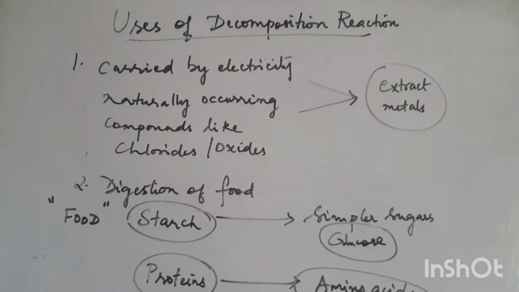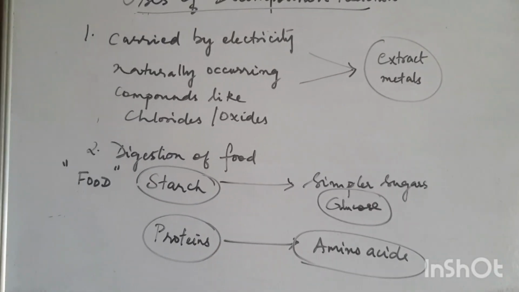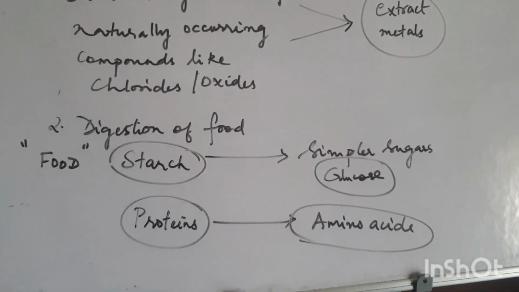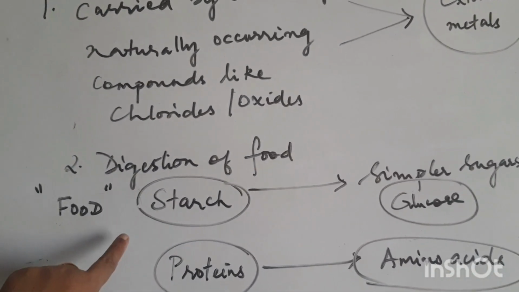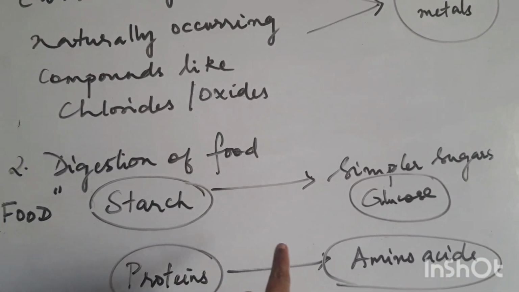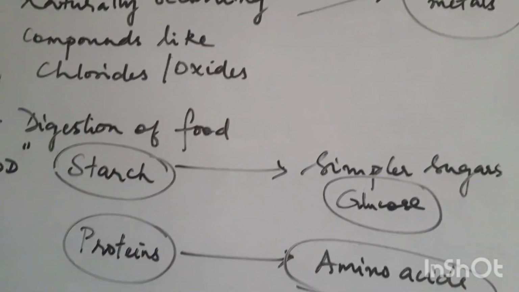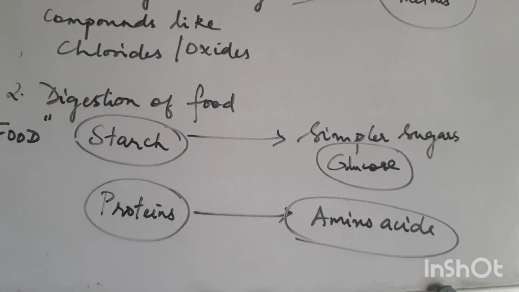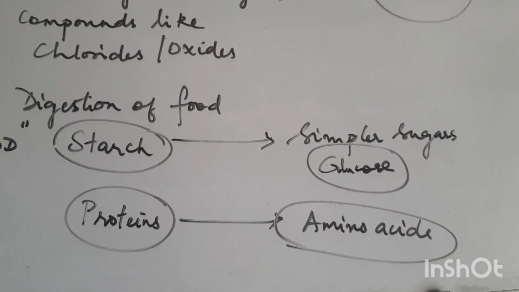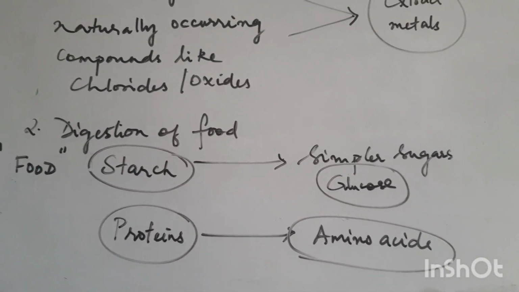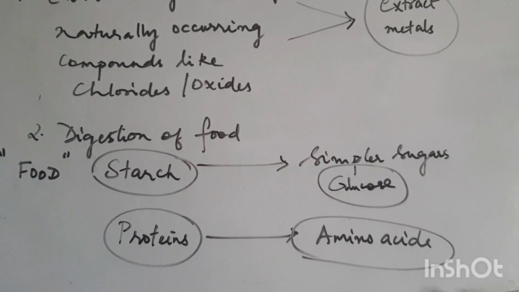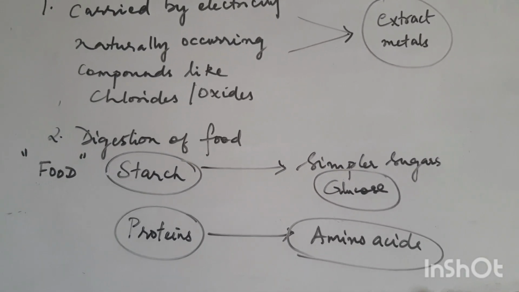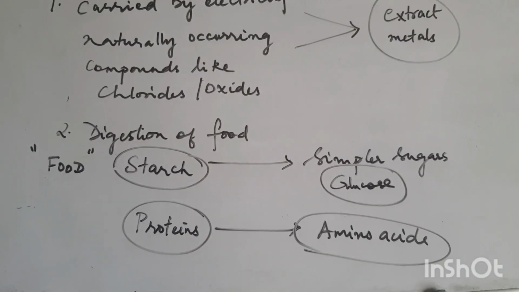The second one is during digestion of food. The food may be rich in starch, or may have proteins. Starch undergoes decomposition to form simpler sugars, that is glucose. Proteins undergo decomposition reaction to form amino acids. This all happens during the digestion of food.